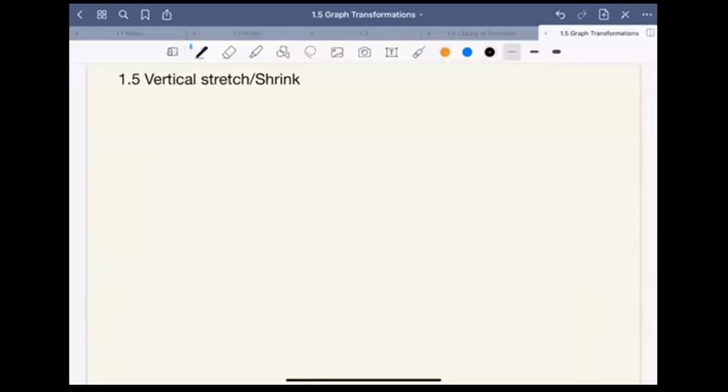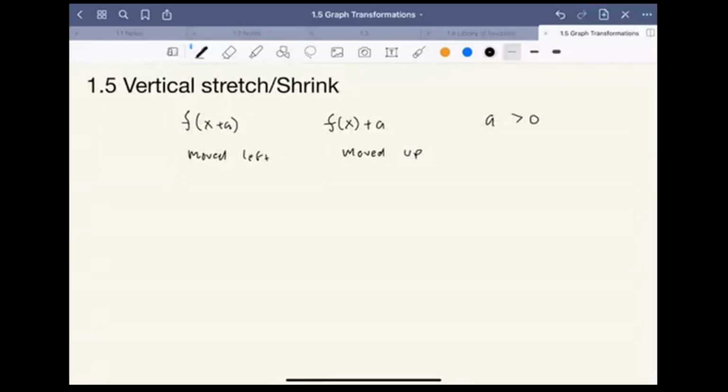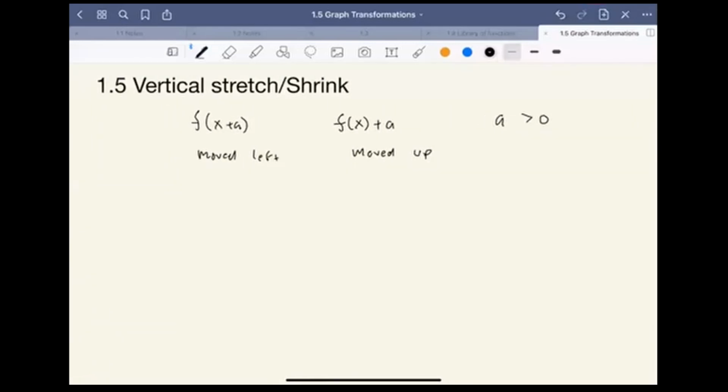So one thing that I hope you guys may have realized is that before, when we had f of x plus a with a bigger than 0, this moved left, versus f of x plus a, this moved up. So in some sense, it was sort of counterintuitive. The same sort of thing's going to happen with vertical stretch and shrink.